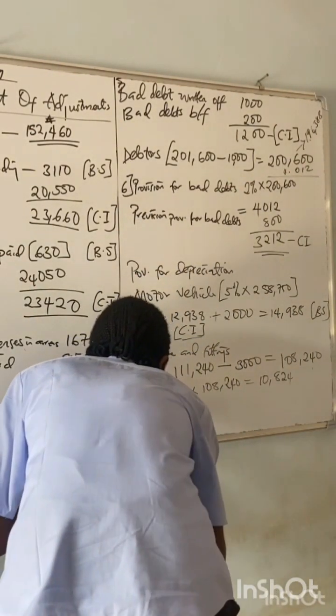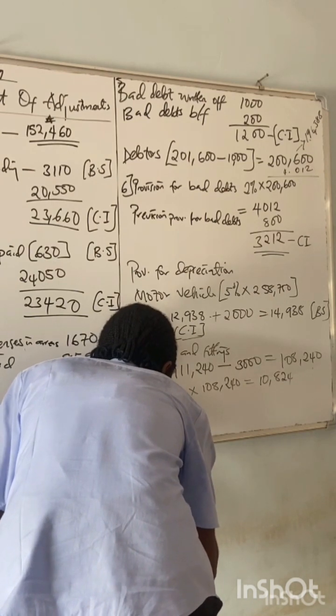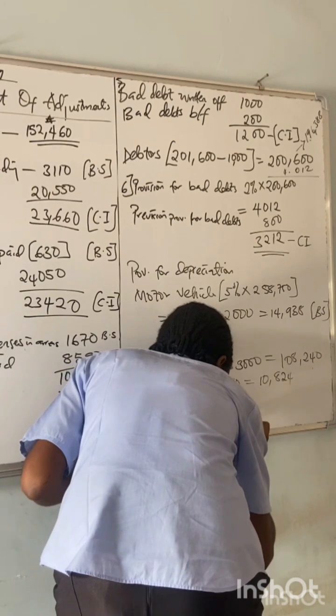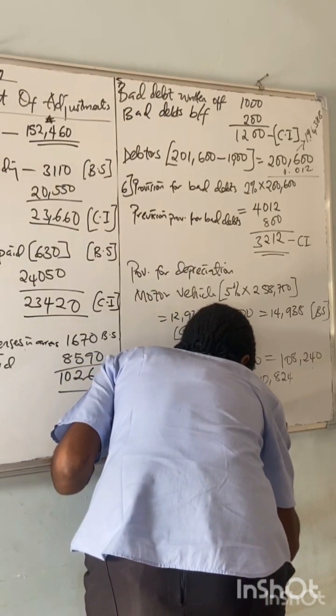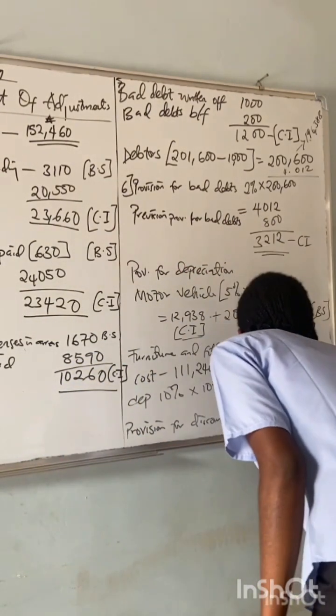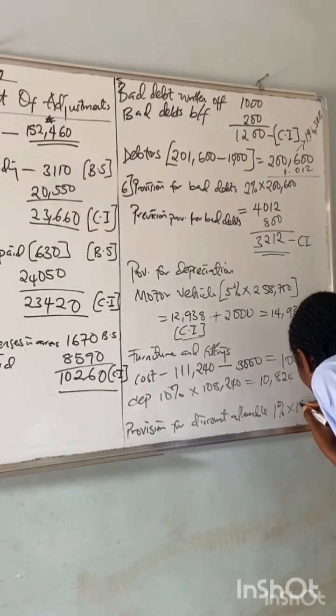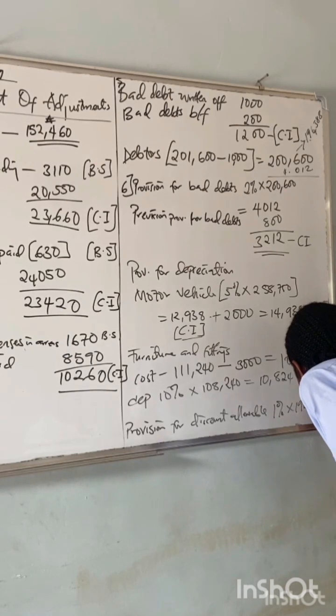We are asked to make provision, so we are going to be using 1% of this amount, 196,588.